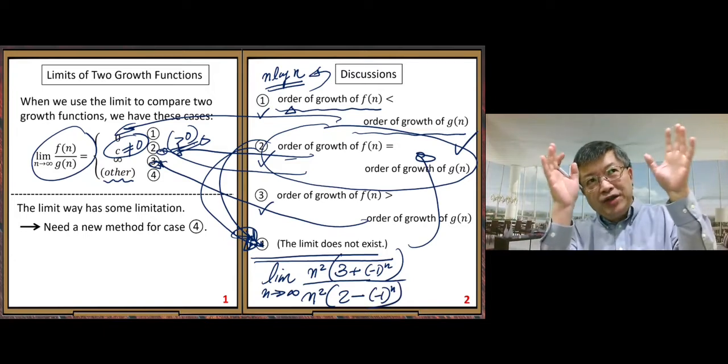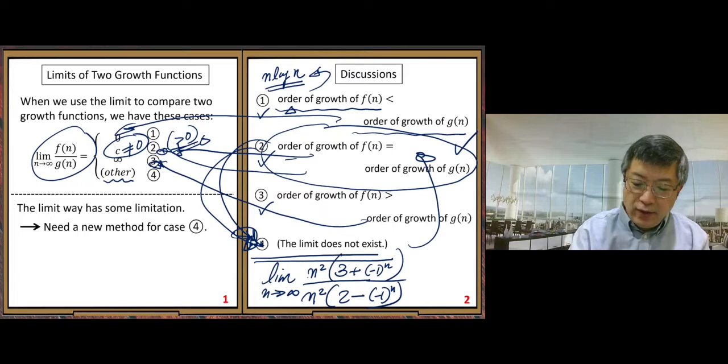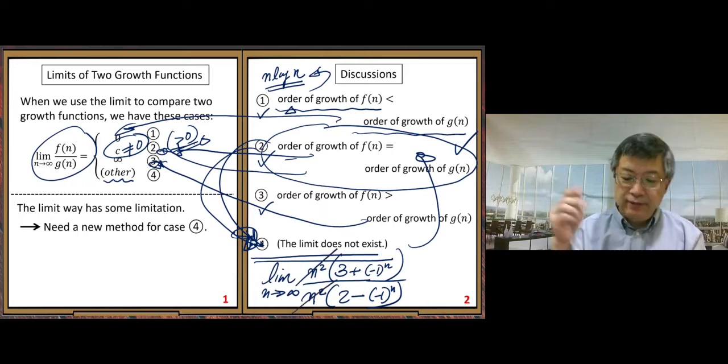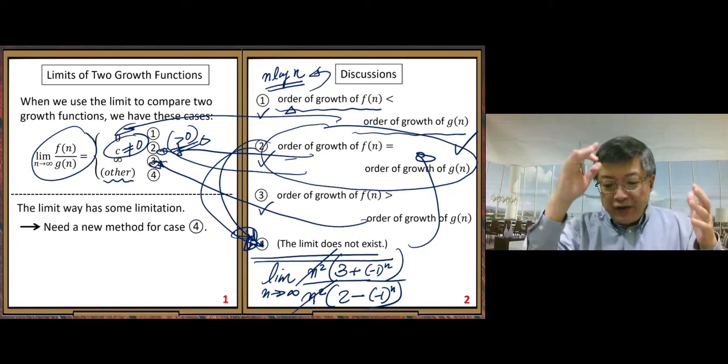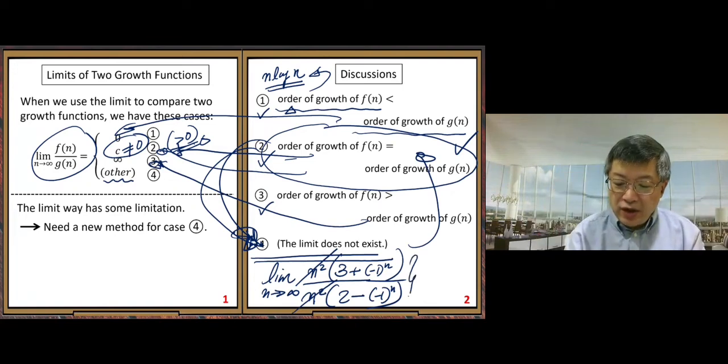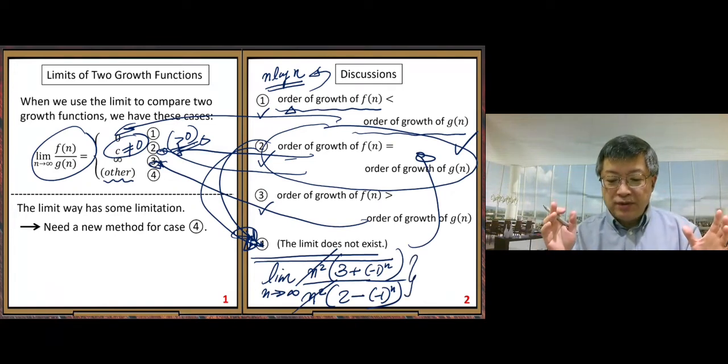When you take the ratio, we can cancel out n squared, numerator and denominator. After that, look at the ratio of these two numbers.